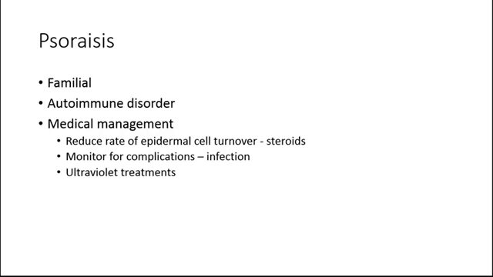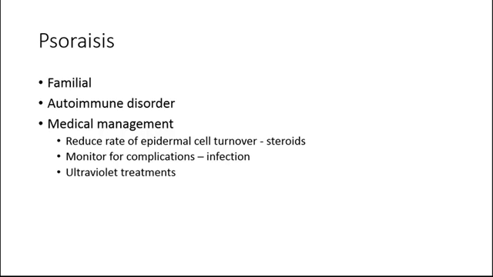Psoriasis is an autoimmune disorder, and it is familial. It is not an infection, it's not contagious. What happens is that we have a rapid turnover of epidermal cells, a rapid growth, and that's why you have that reddening, scaly sores that are exhibited by psoriasis, or plaques.